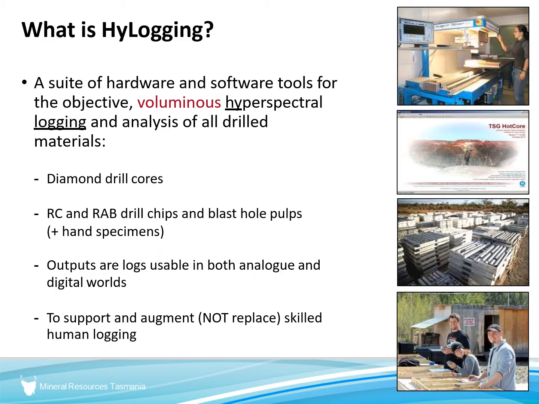Hyperspectral logging is hardware and software for objective scanning, in a voluminous way, of all drilled materials like diamond drill core and chips. We get outputs as logs, typically digital, and they support and augment logging by geologists.